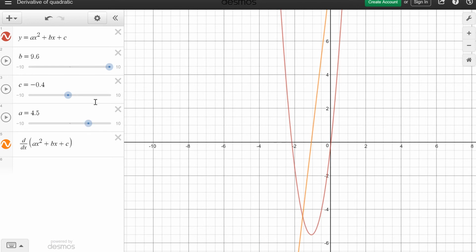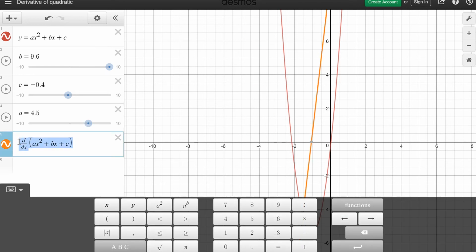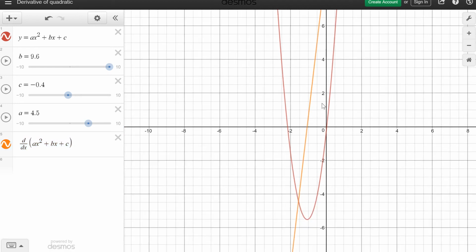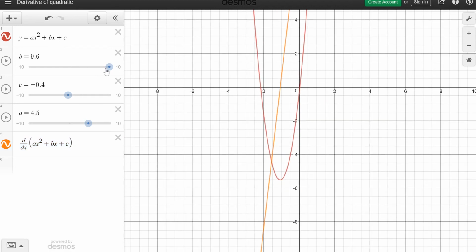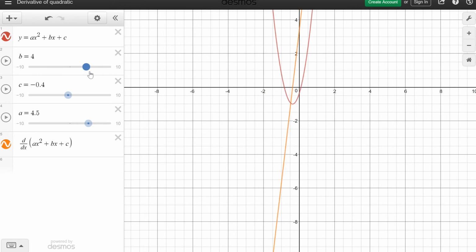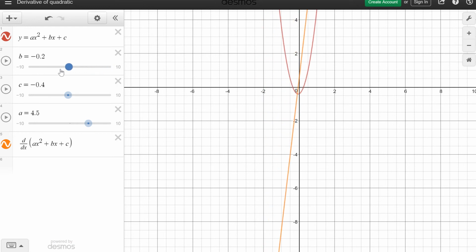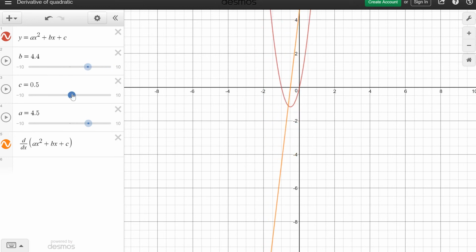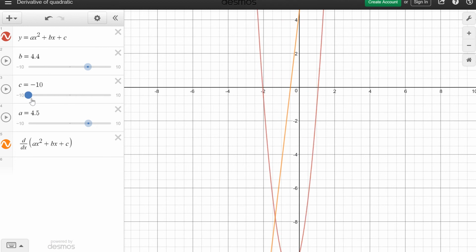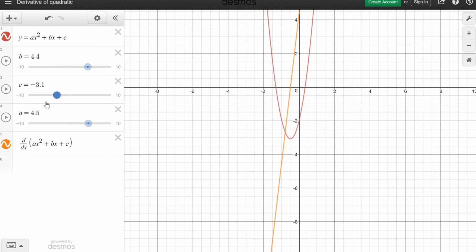Okay, and you'll notice that there's that yellow line there as well, and that yellow line is the derivative of the function. And so if we look at the things that affect that line, b moves the line but doesn't actually change the gradient of the line, and c has no effect on the line whatsoever because it's only moving the graph up or down, it's not affecting the gradient.